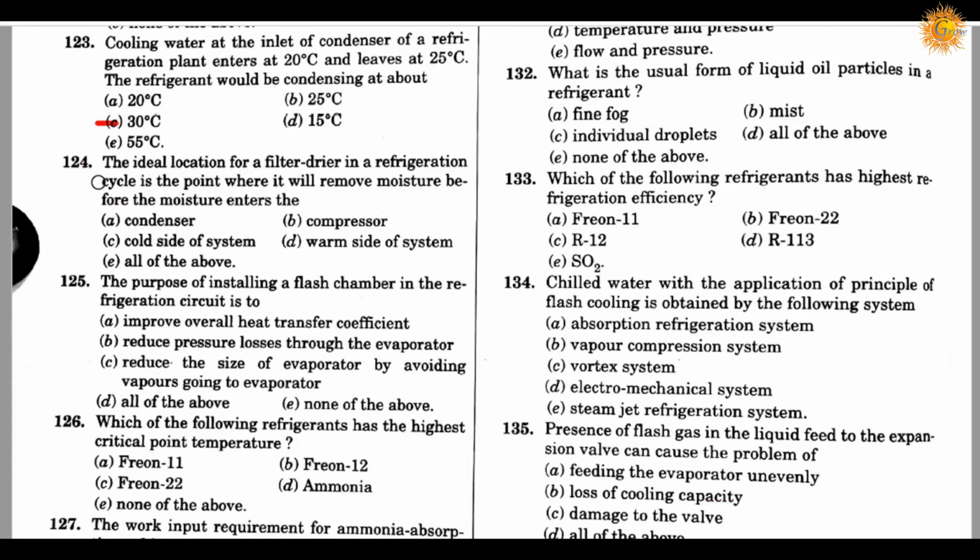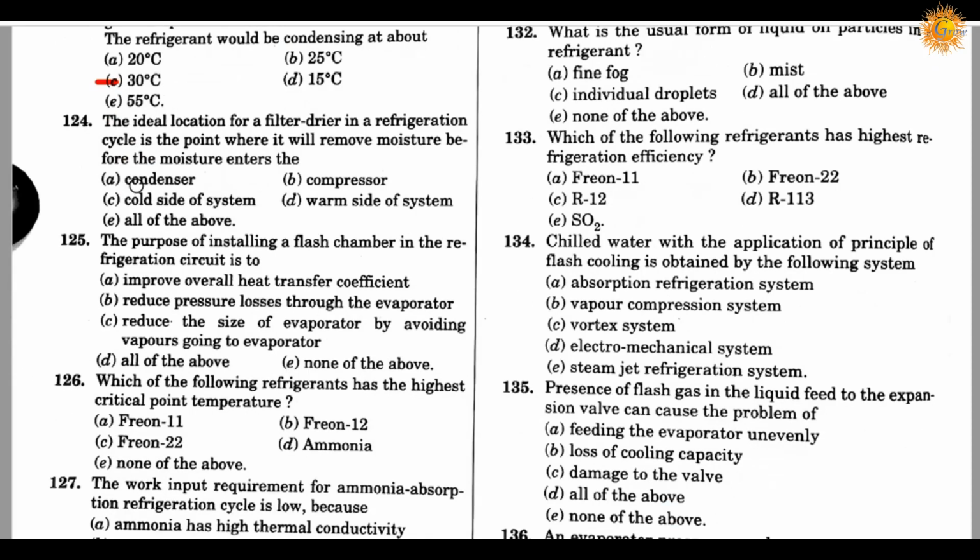Question number 124. The ideal location for a filter dryer in a refrigeration cycle is the point where it will remove moisture before the moisture enters the: option A, condenser; option B, compressor; option C, cold side of system; option D, warm side of system; option E, all of the above.